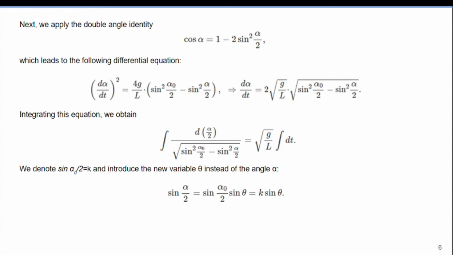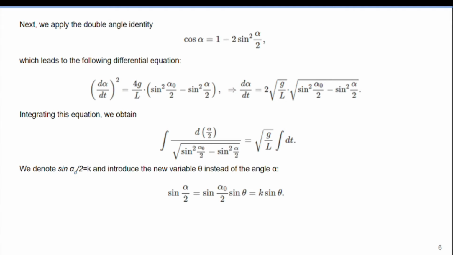Next, we apply the double angle identity. Cosine alpha equals 1 minus 2 sine squared alpha over 2, which leads to the following differential equation. And as a result, 2 square root of g over L times the square root of sine squared alpha 0 over 2 minus sine squared alpha over 2.